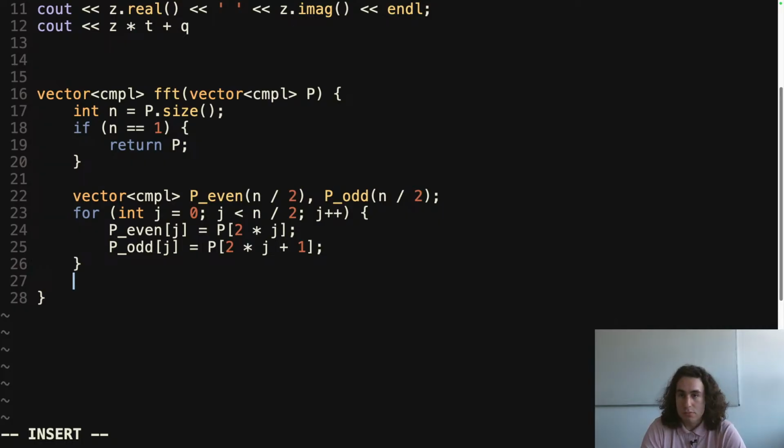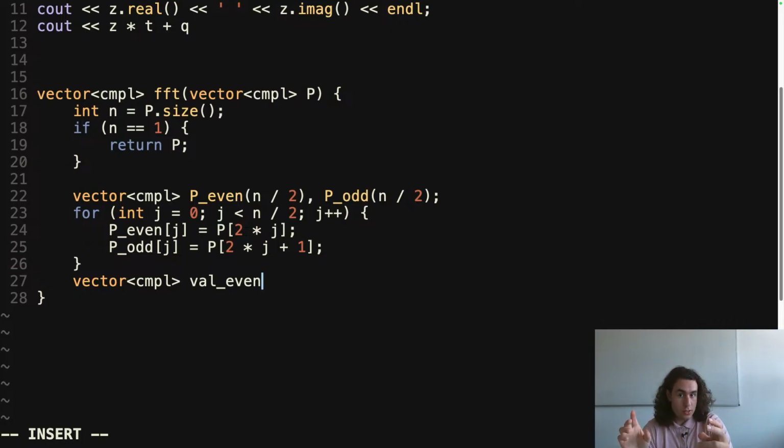Then we just recursively compute the values of p even and p odd at squared numbers, right? So we call a vector of complex numbers val even. When n is not even, again, this never happens. I always assume that n is even. For that, before I call the function, I make sure that the size of p is a power of 2.